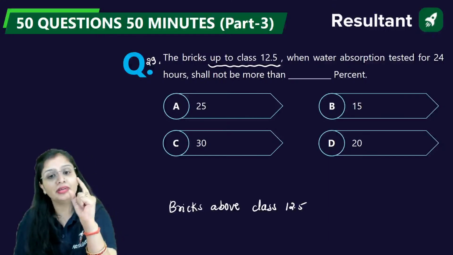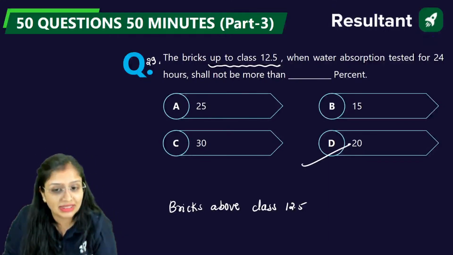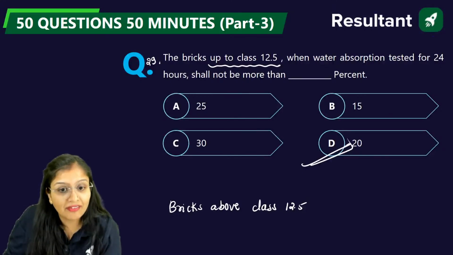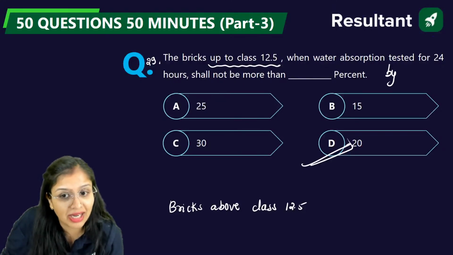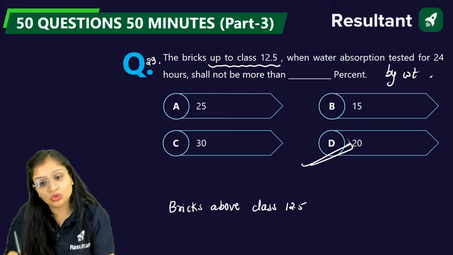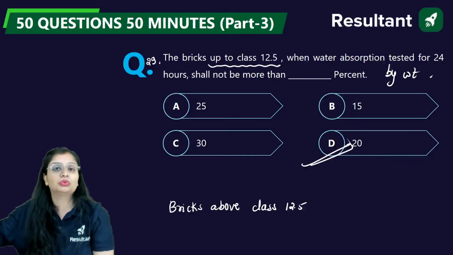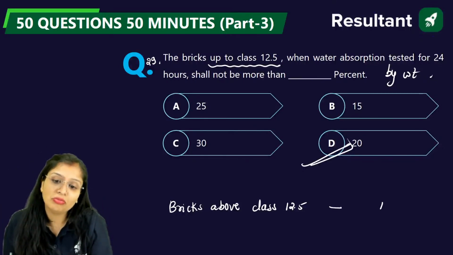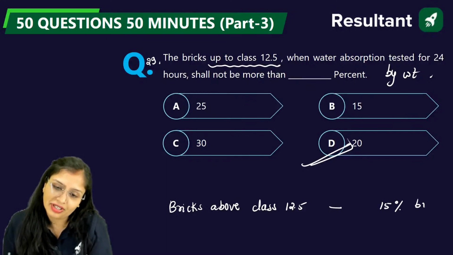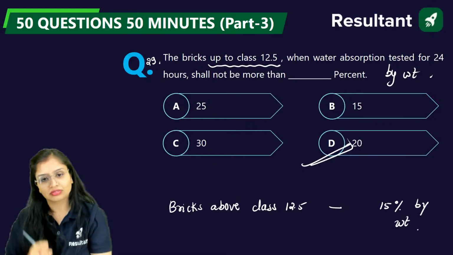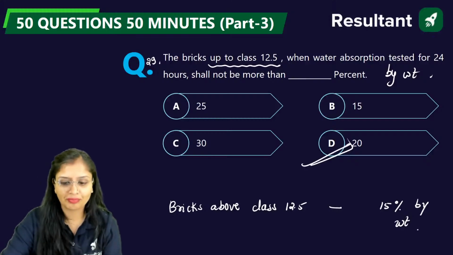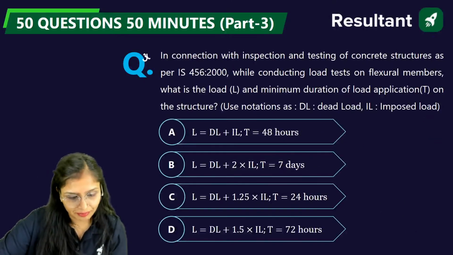Shall not be more than 20% by weight. Remember, 20% by weight. If the question had given above class 12.5, it shall not be more than 15% by weight. Remember this.